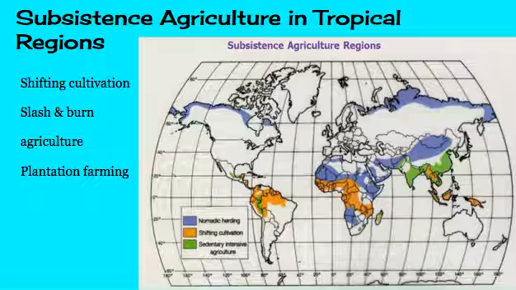Countries that have plantation agriculture usually experience high annual temperatures and receive high annual rainfall, and they grow very profitable tropical crops like cotton, sugarcane, coffee, rubber, tobacco, cocoa, jute, bananas, tea, coconuts, and again, palm oil, like I said before.